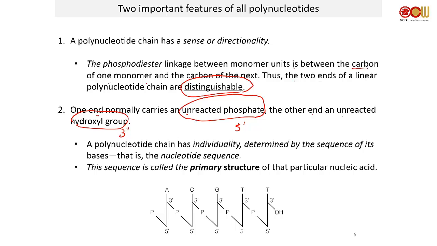In general, we call this the nucleotide sequence, and sometimes we also refer to that as the primary structure of your nucleic acid. So the primary structure for nucleic acids is nothing more than just the sequence of the nucleic acid.